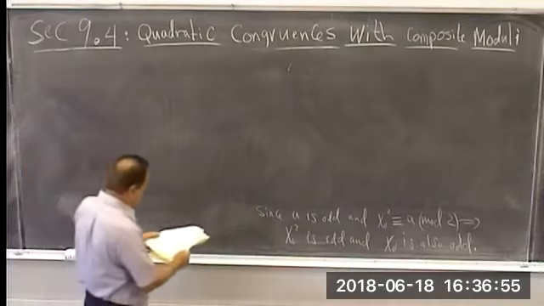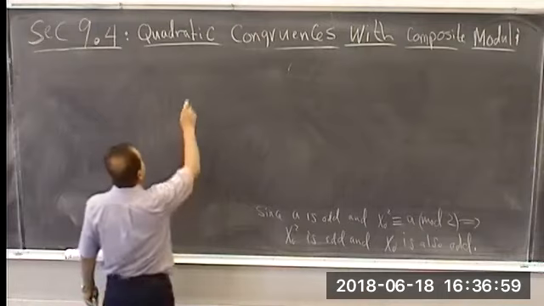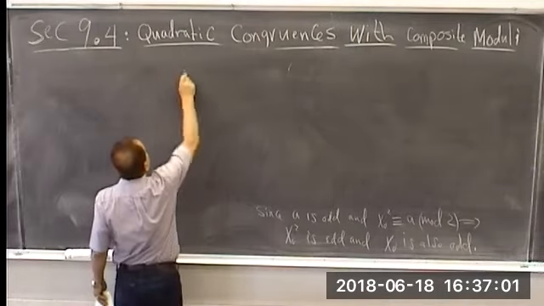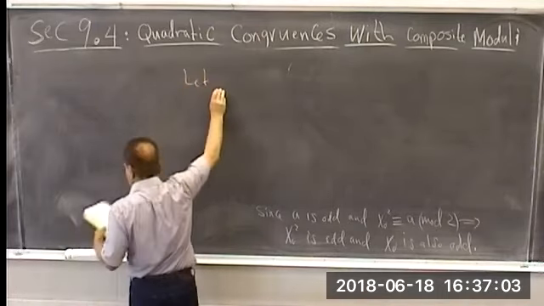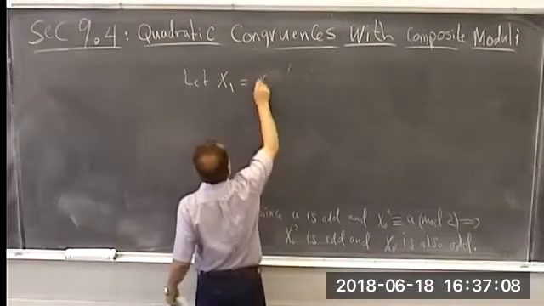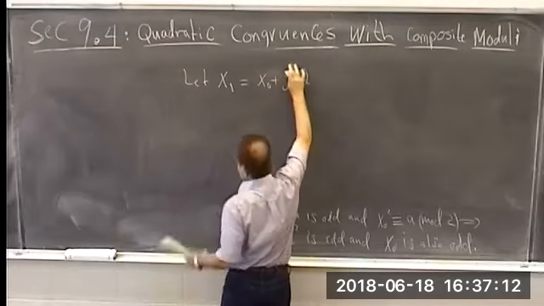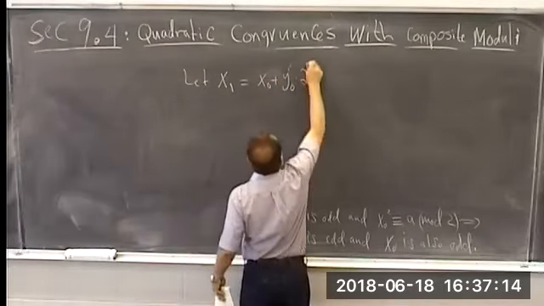All right, so let x sub 1 be equal to x sub 0 plus y sub 0 multiplied by 2 to the power n minus 1.